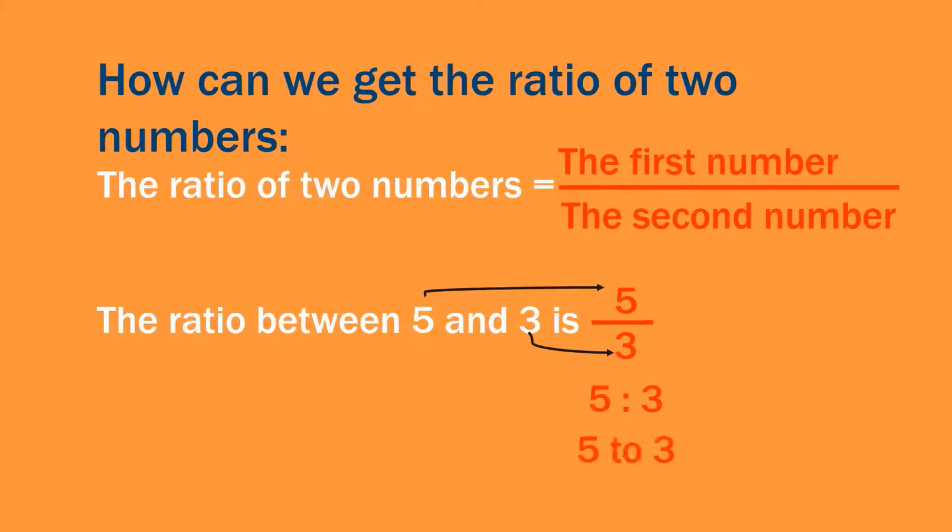So we can write it in the 3 ways. So the ratio of two numbers equals the first number over the second number, and we can write it 5 over 3, or 5 to 3, or 5:3.